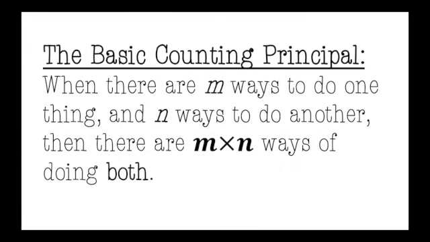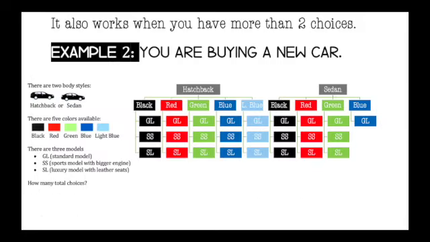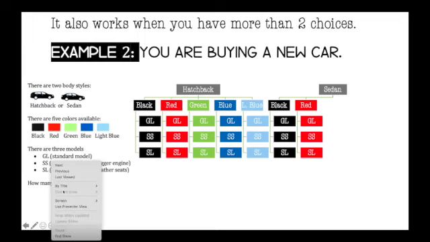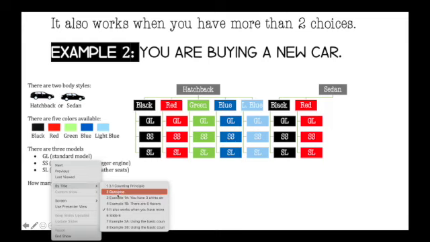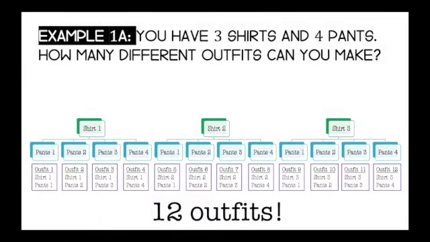That's where the basic counting principle comes in, also known as the fundamental counting principle. And it basically says that we can multiply to get the number of ways of doing these things. So if we look back at our examples here, I'm going to have to go way back. If we look at this example where we had 12 outfits, notice 3 times 4 is 12.